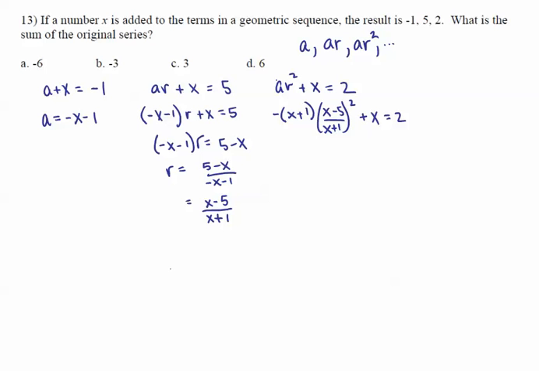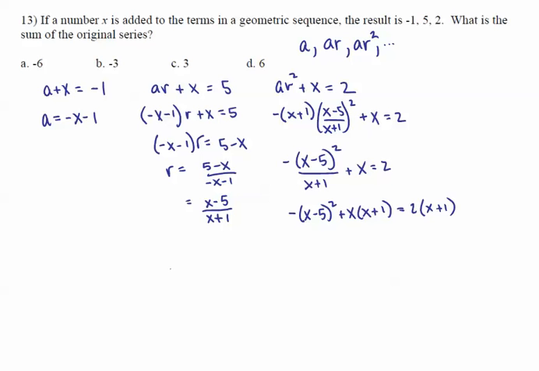So I can cancel an x plus 1 with an x plus 1, and I'm going to end up with -(x minus 5) squared over x plus 1, plus x is equal to 2. And if I were to multiply both sides by x plus 1 at this point, I would get -(x minus 5) squared plus x times (x plus 1) is equal to 2 times (x plus 1).